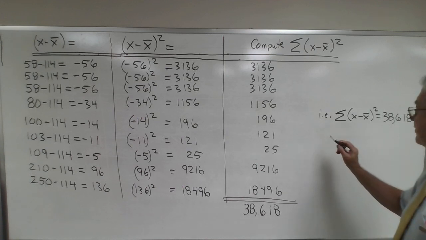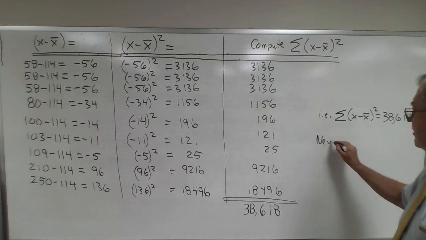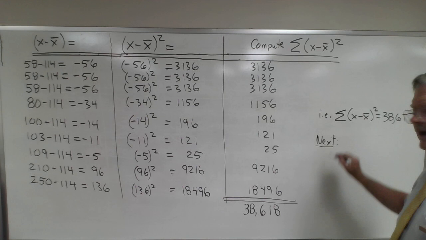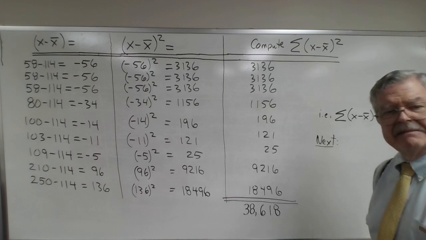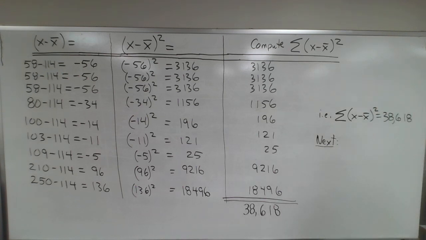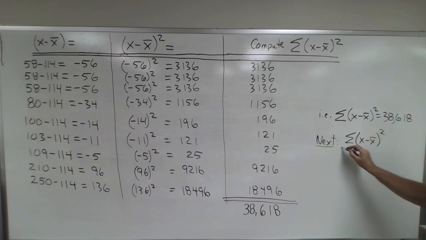Now, what do we have to do next? You mean I'm not done yet? We're not. The next thing we have to do is take this number, the sum of the squares of each data value minus X bar, and divide by the number of data points minus 1.